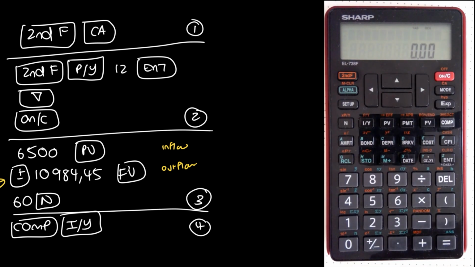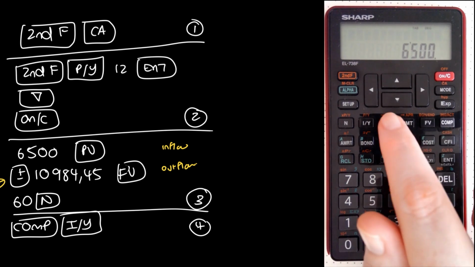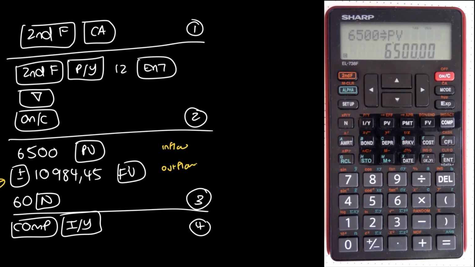And now we're going to put in all the information that we know. The information that we know here is we have a loan of 6,500 Rand. So it's a loan, so we're getting that money. So it's 6,500 positive PV. And at the end of the loan, we owe the 10,984 Rand and 45 cents, or the 6,500 plus the 4,484 Rand and 45 cents.